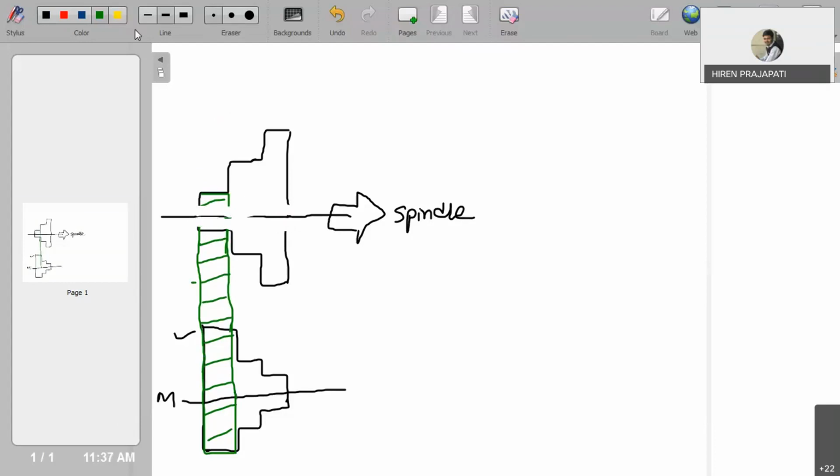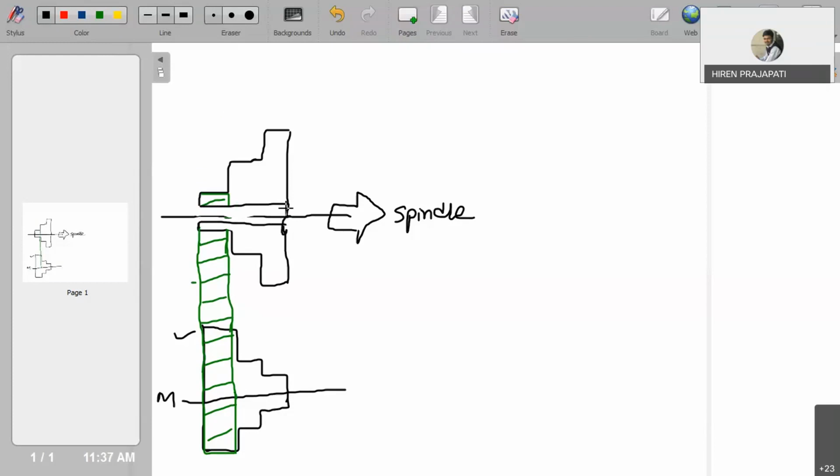So that is, it is not having direct contact with the spindle shaft, right?